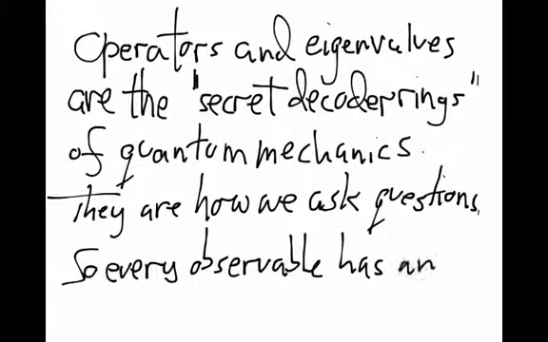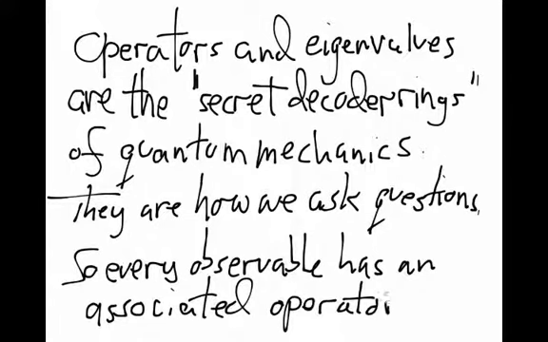What that means is that every observable that we might think to find out, everything there is to know about an object, because remember that wave is the object, every observable has to have some sort of operator associated with it. And part of the trick is to figure out what those operators are and how they work.